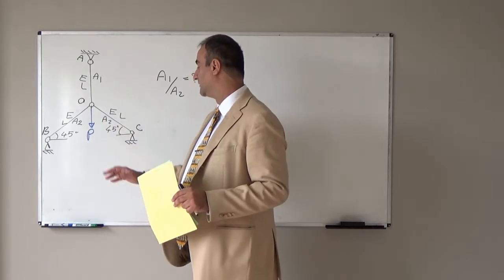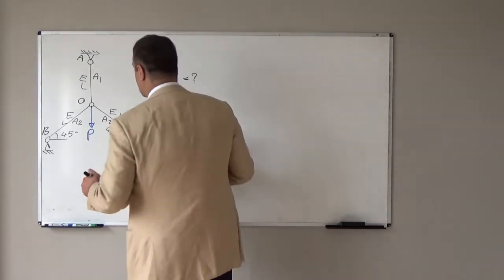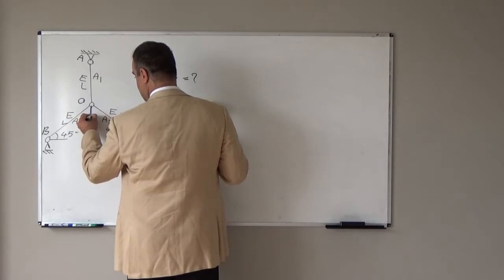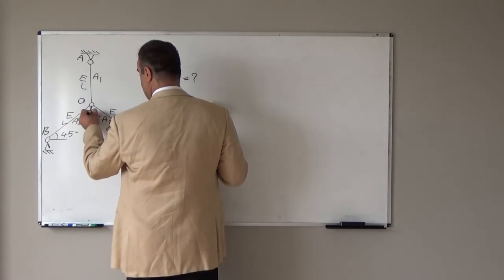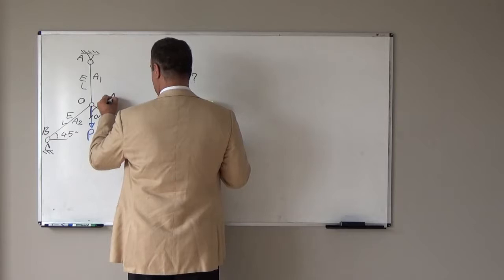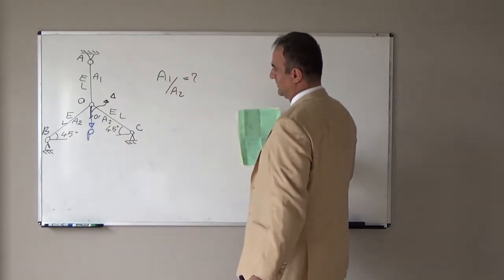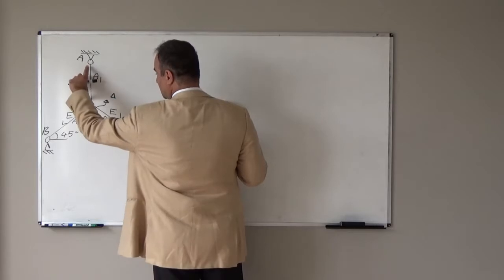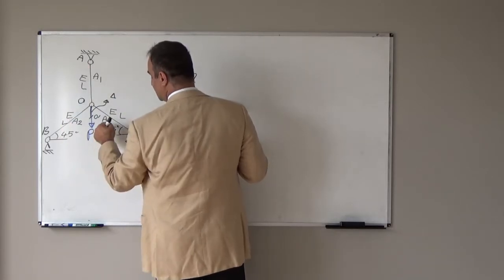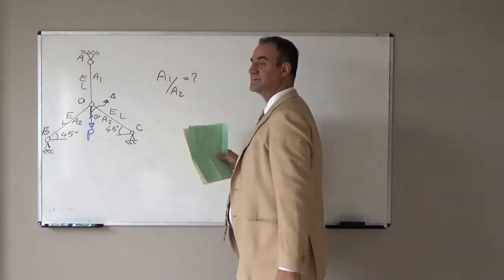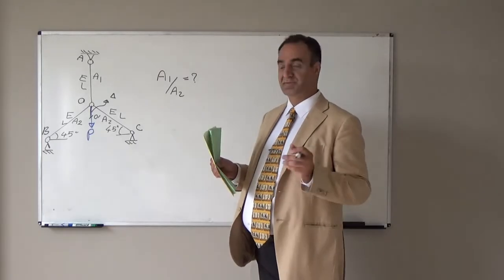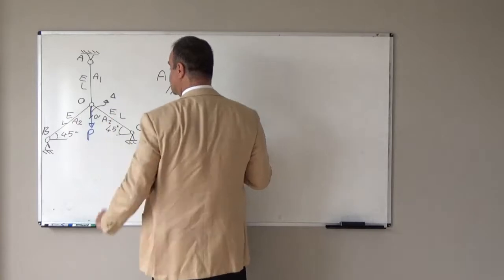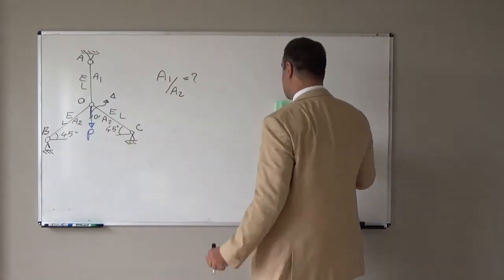If it moves down and comes to the point O prime, this is delta. So we will have elongation in this member, and the two other members will be subjected to compression, so their length will decrease.